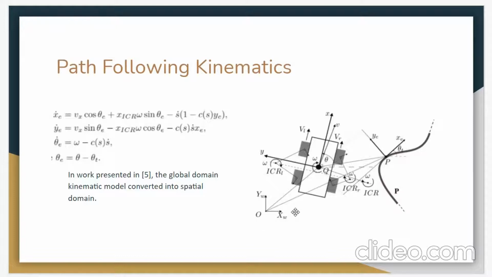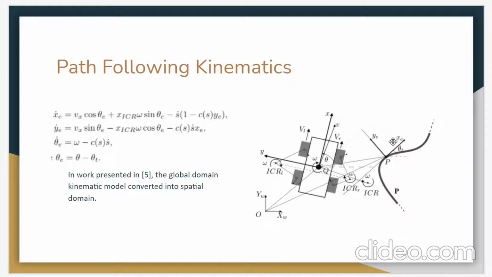Previously, in time domain, the vehicle's movement was described in terms of world reference, which is point O here, and axis XW and YW. Now the reference is constantly moving along the predefined path, which is noted by this P, and position of the vehicle is always linked to that point P.